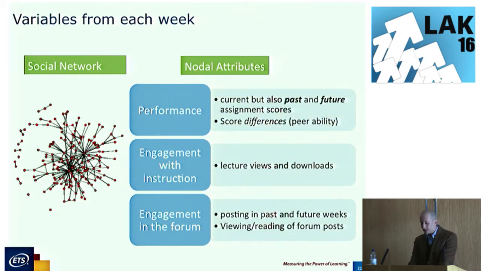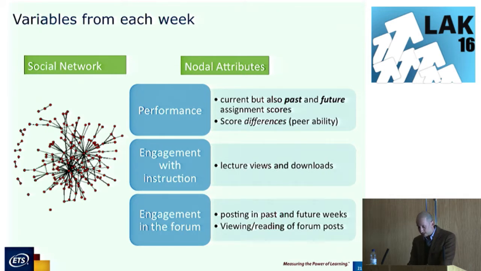I mentioned that the node variables that we want to add fall into the categories of performance. Not only your current scores this week and how they predict whether you're likely to be connected in this network or not, but also past and future scores. And we looked at score differences to see whether you're more likely to be connected to people who are similar in their performance to you or different in their performance from you.